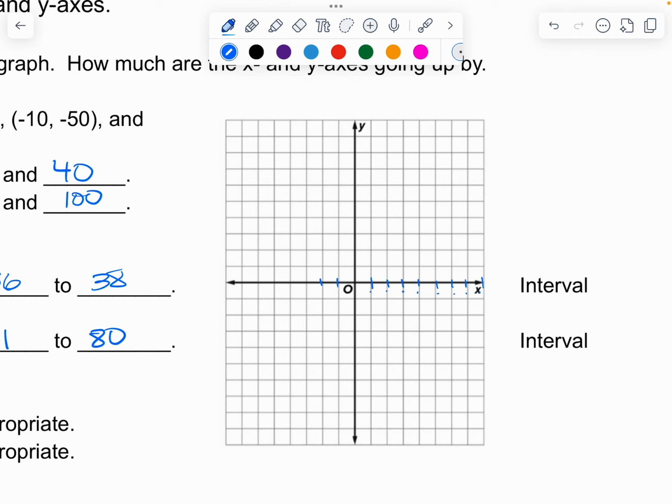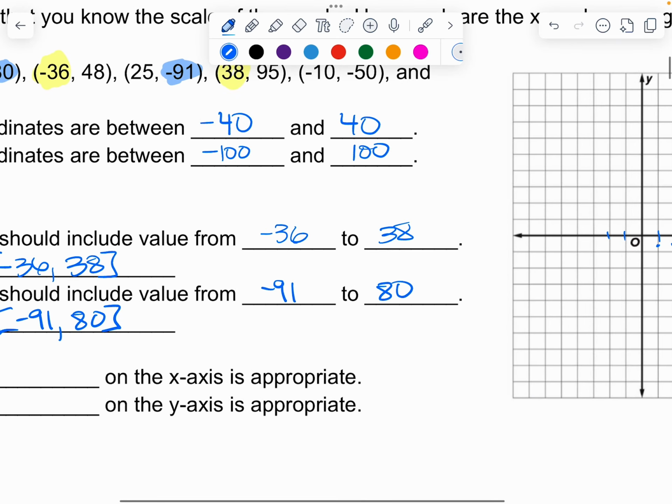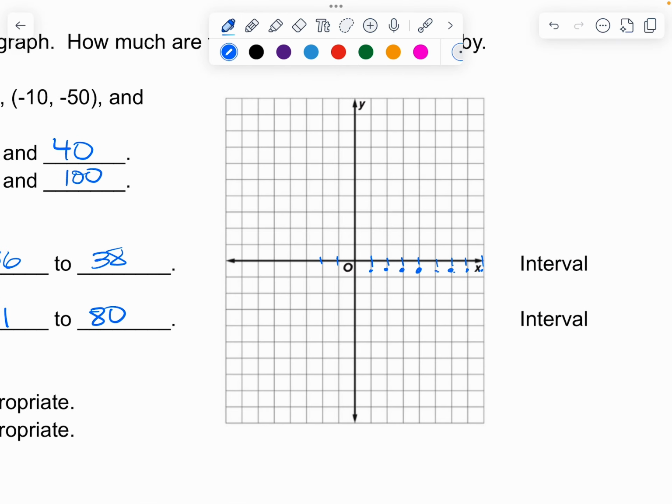How about if we went up by 4? 4, 8, 12, 16, 20, 24, 28, 32. Nope, can't go up by 4s.